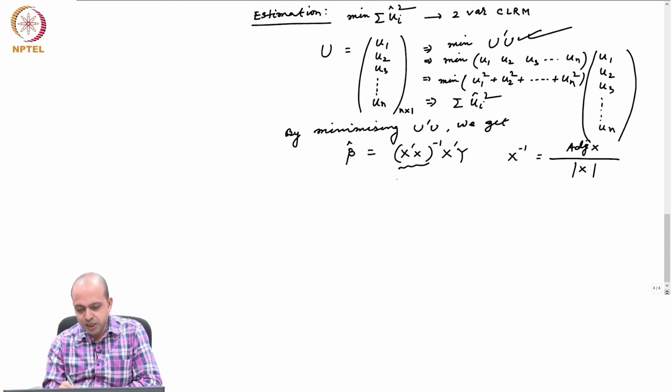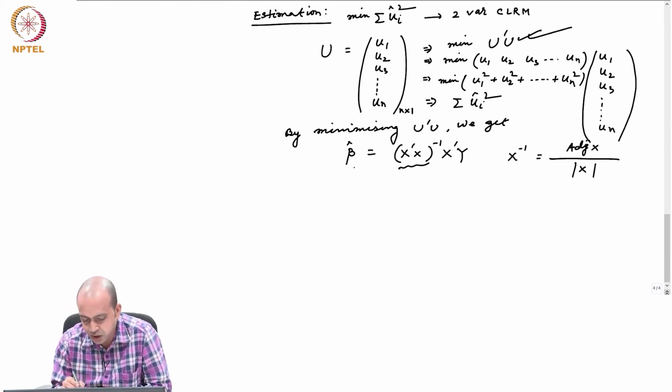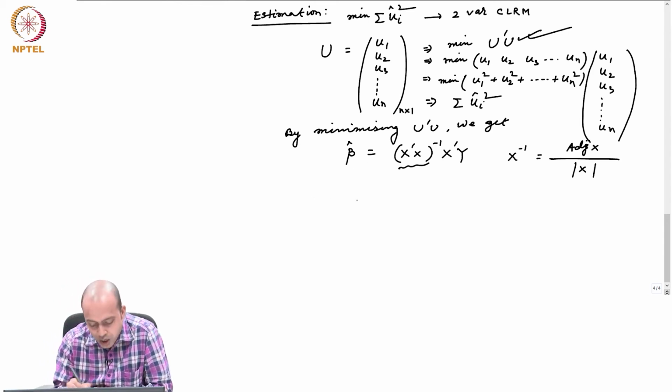So, if you estimate your beta hat in this way, then at one go we will get beta 0 hat, beta 1 hat, beta 2 hat dot dot dot beta k hat.